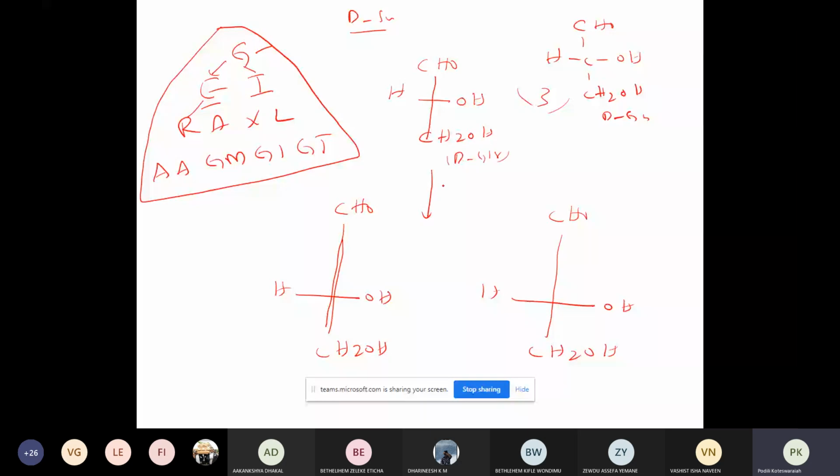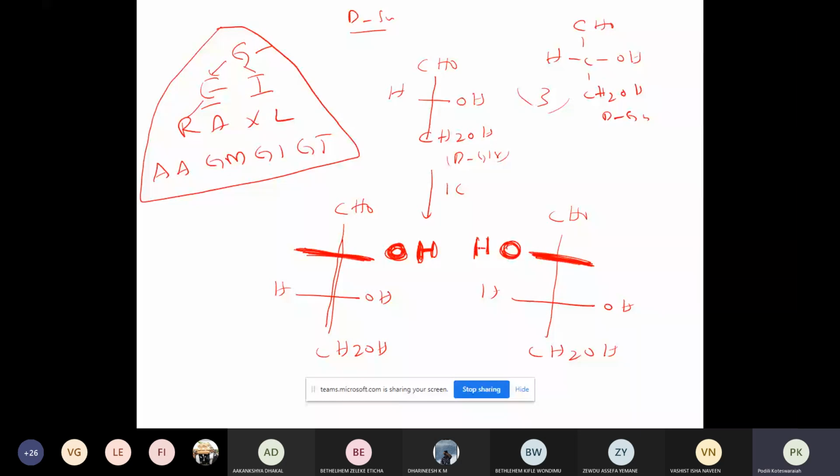So this is D-glyceraldehyde. When we introduce one carbon next to the aldehyde functional group, and place a hydroxyl group once on the left and once on the right, you get erythrose and threose. You get D-erythrose and D-threose.